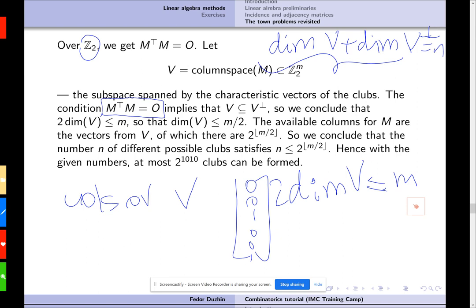Then the dimension of V itself is less than or equal to n over 2. And then you can immediately conclude that the largest possible number here is 2 to the power of the integer part of n over 2. This is not really much easier than the purely combinatorial answer. It is possible to do it purely combinatorially, and it's not really harder.